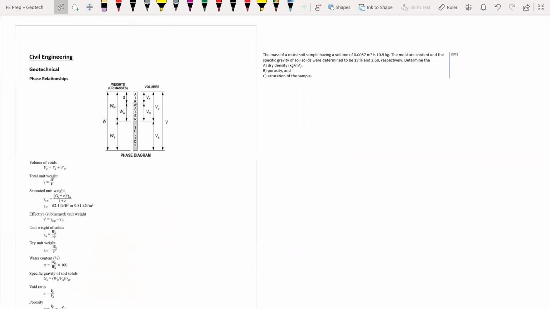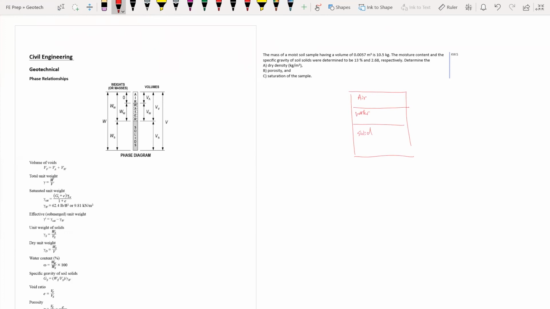Okay, next. There's another phase relationship problem here. The moist soil sample has a volume of 0.0057 meters cubed, and the weight is given as 10.5 kilograms. Again, it's always good to start with a phase diagram, which has the air, water, and solid.